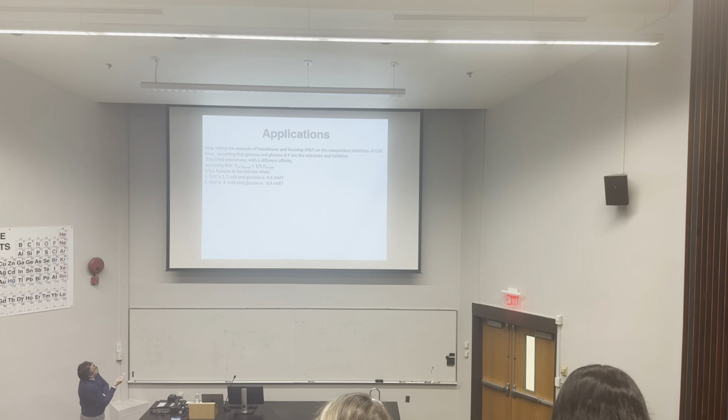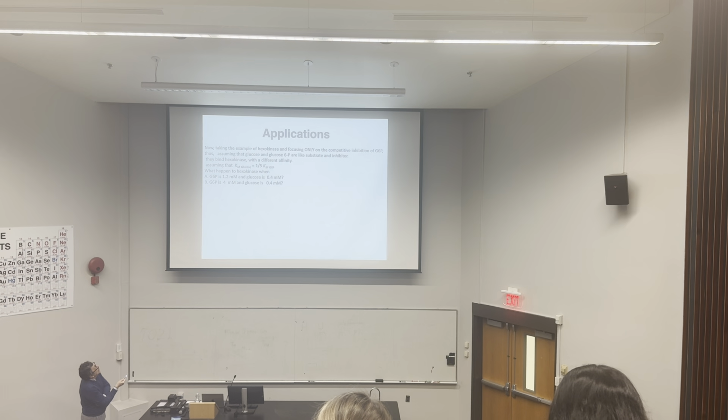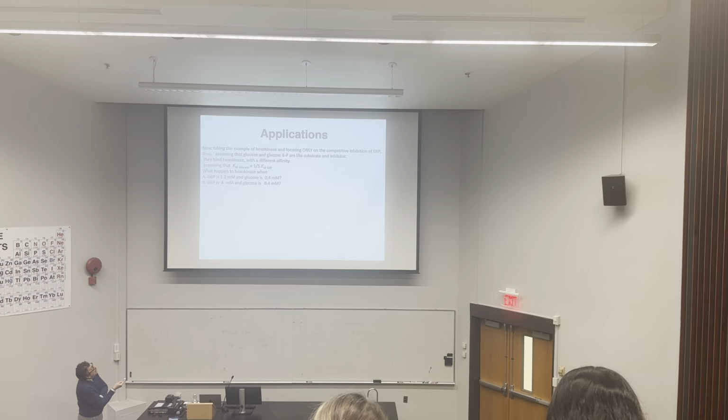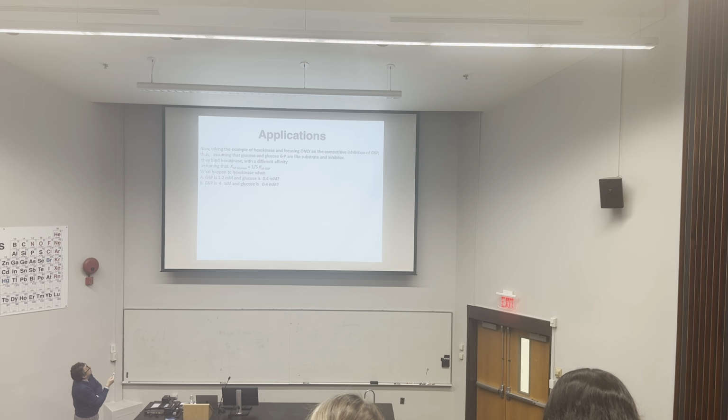And assume glucose 6-phosphate and glucose are respectively inhibitor or product, but also the substrate for glucose.